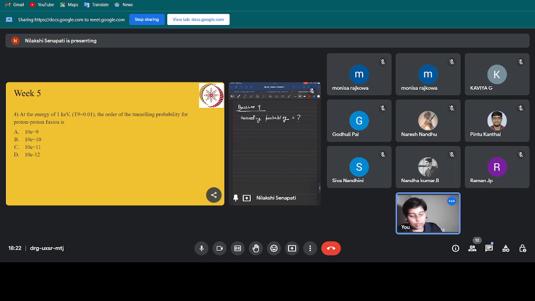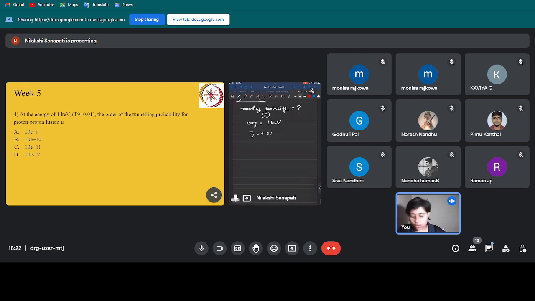We denote tunneling probability with P, as I did in the previous class. What information is given to you? The energy is 1 keV, T9 is 0.01.